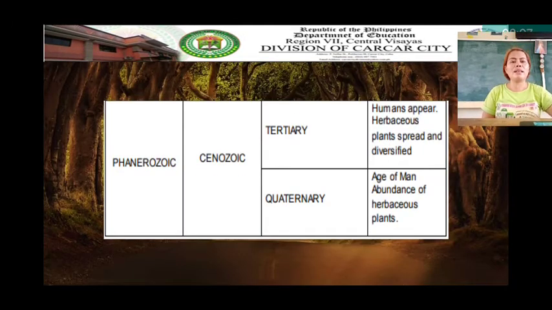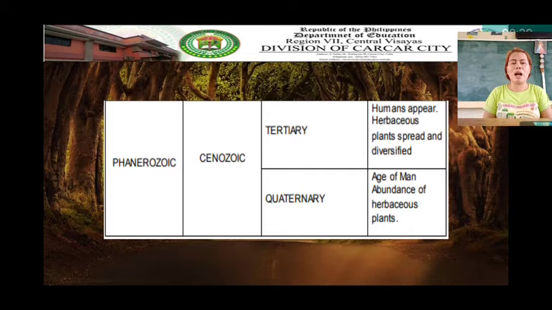Okay, for the last era, for the Phanerozoic, we have the Cenozoic, which includes the two periods. We have the Tertiary and Quaternary. In the Tertiary period, humans appear. Okay, so this is the evolution of human.